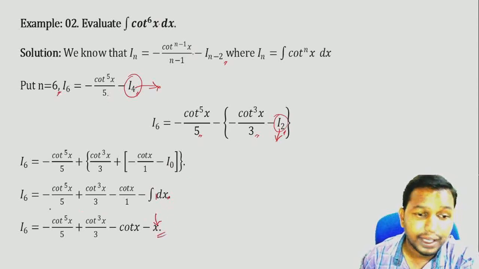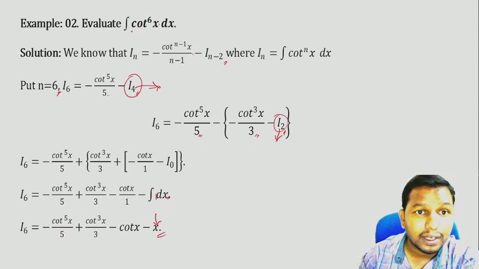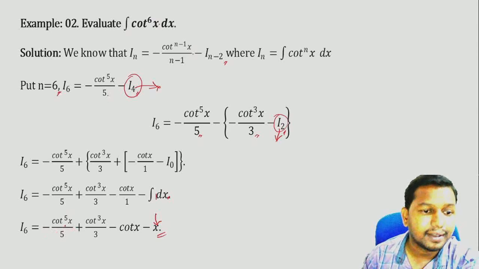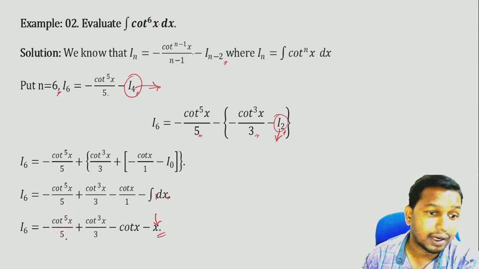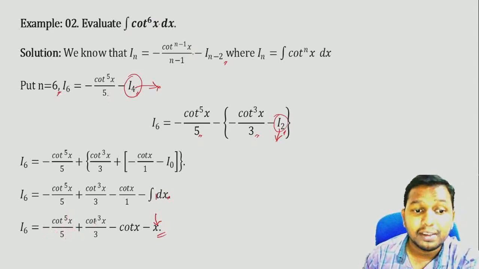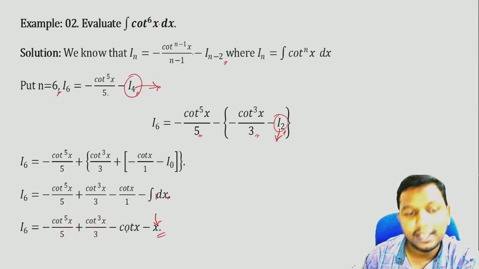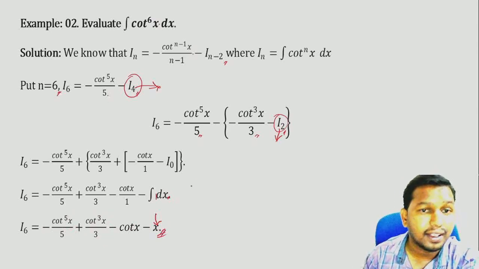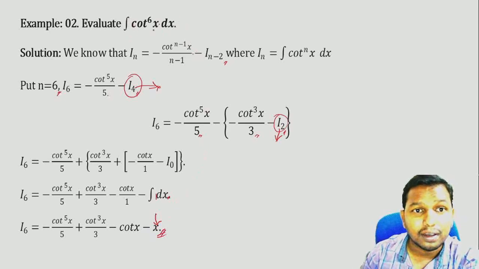Therefore our final value of integral of cot to the power 6 x dx is I6 is equal to minus cot to the power 5x divided by 5 plus cot cube x divided by 3 minus cot x minus x. This is the answer for integral of cot power 6x dx.